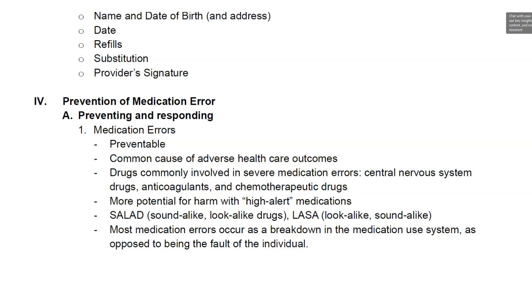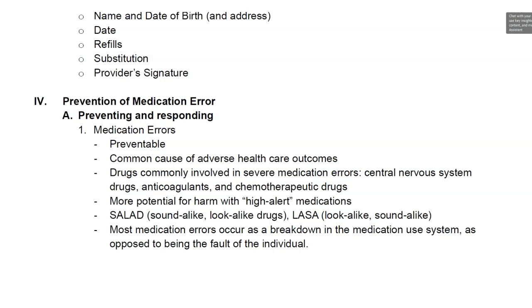And when you look at this, some of these medications actually require another nurse to double check because of the consequences that's going to be involved if we give these medications incorrectly. And that's why sometimes we have to have a second person, a licensed person, to double check and validate that we're doing what we're supposed to be doing. So more potential for harm with high alert medication. So they're going to be your high alert medication.